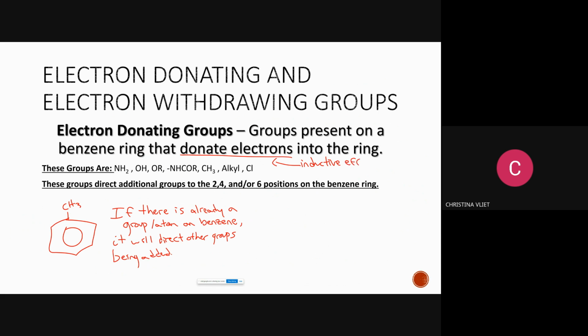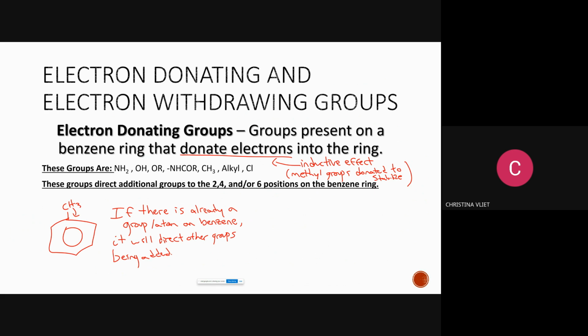The inductive effect was when methyl groups, like carbon groups, donated to stabilize whatever group I had. In that case, it was a carbocation. Here we've stabilized the benzene ring. So CH3 donates electrons to stabilize the ring.